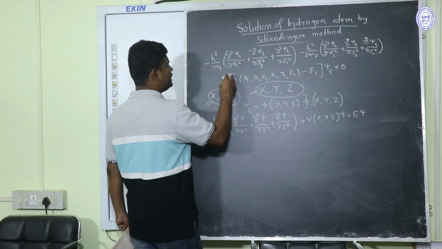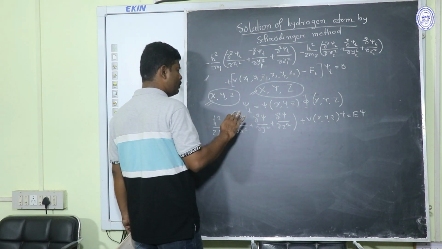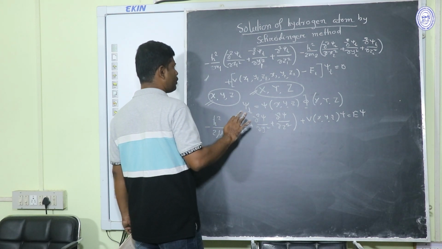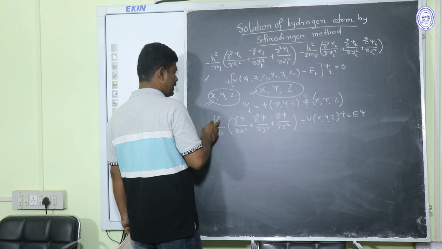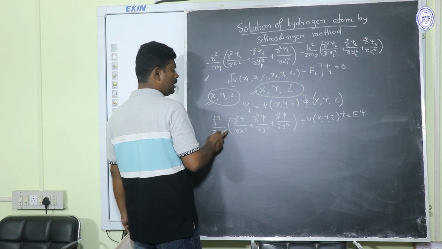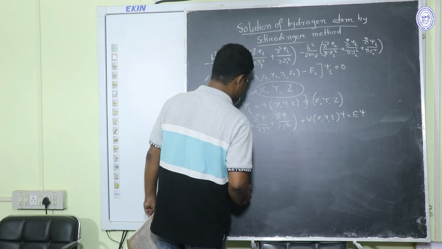And putting this in the Schrodinger equation, after a little bit of mathematics, we can separate this equation into these two equations: minus ħ² by 2μ times ∂²ψ by ∂x² and so on, this kinetic energy part plus the potential energy part.